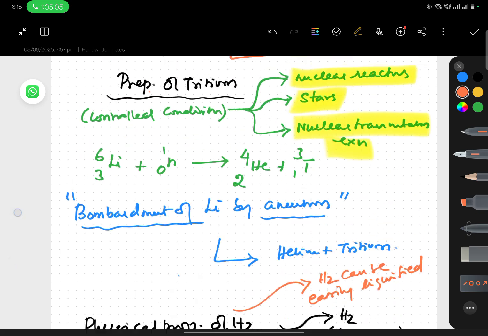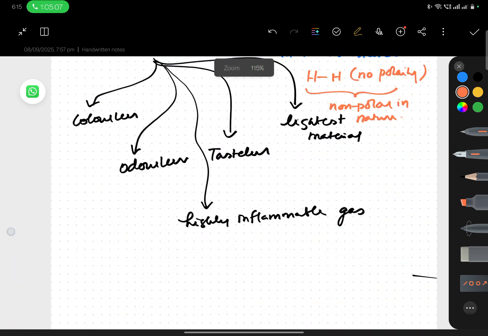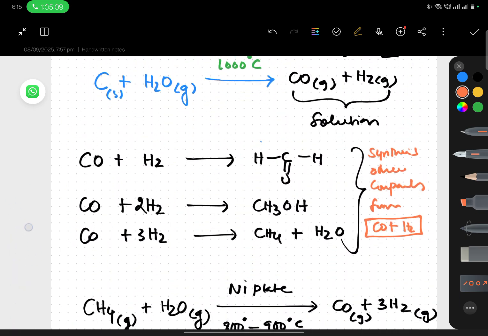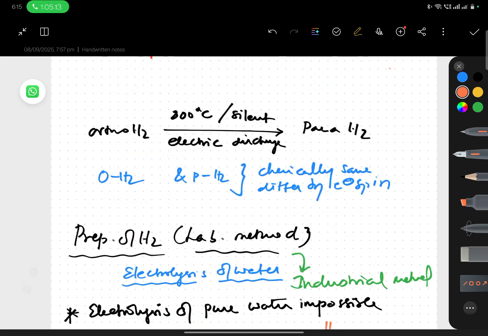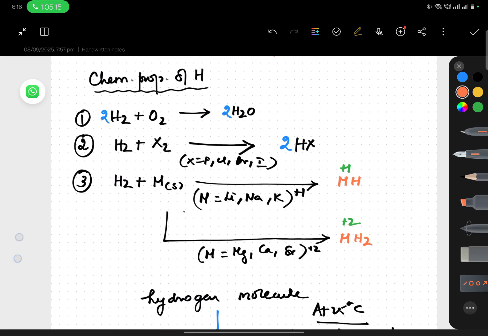We already saw the reactions of hydrogen here, such as hydrogen reacting with oxygen and halogens.